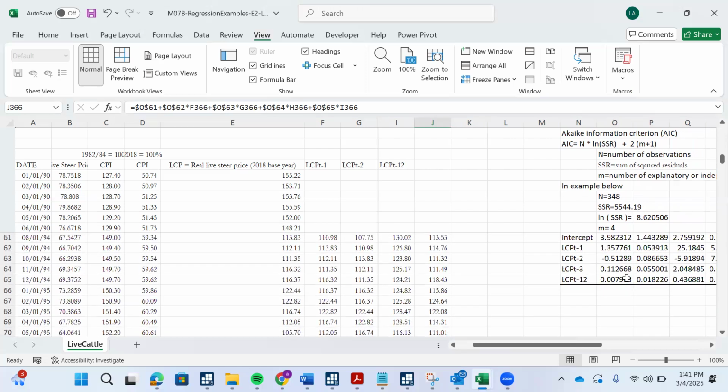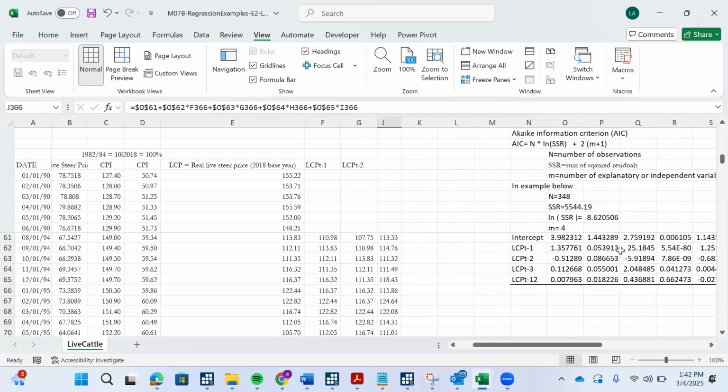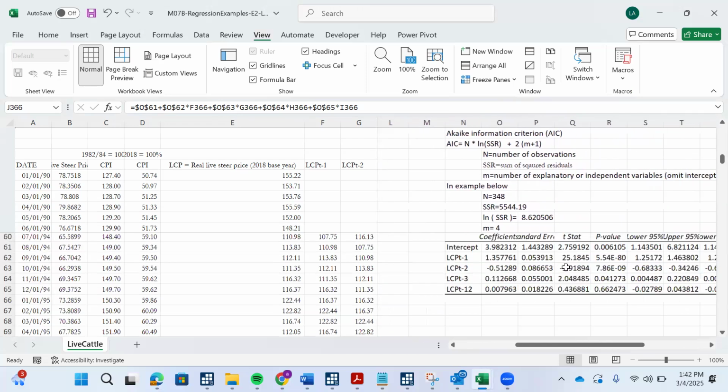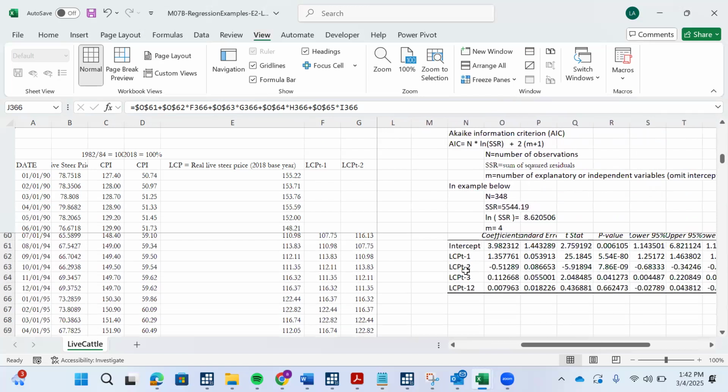All right, we can also compare these lags to each other. These are pretty much direct comparisons. So here we have a positive value. Here we have a negative value, and both are significant. That's kind of interesting, and we might want to do a little bit more research as to why that could be.